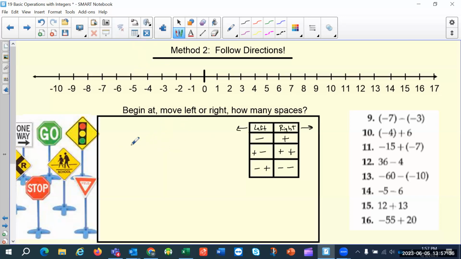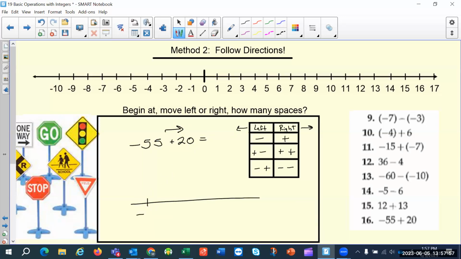All right, final problem. Starting at negative 55 plus 20 equals. So the question here is, what number is 20 spots to the right? You're going to the right of negative 55.